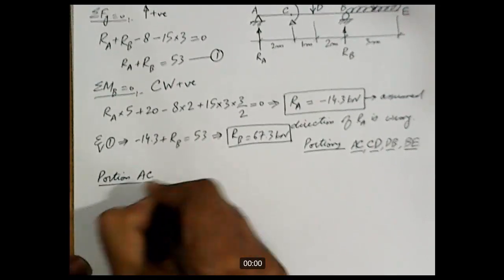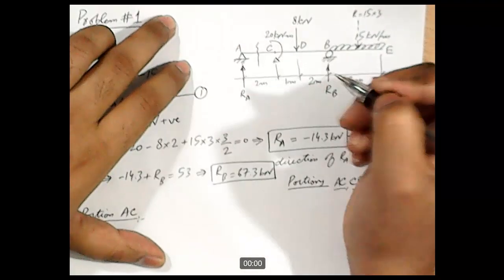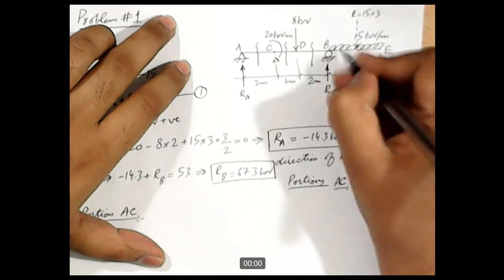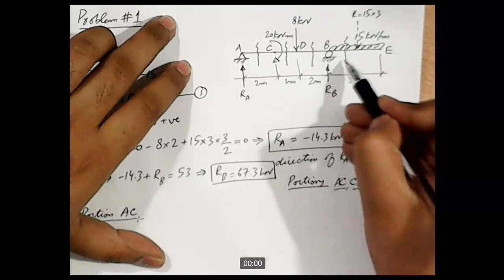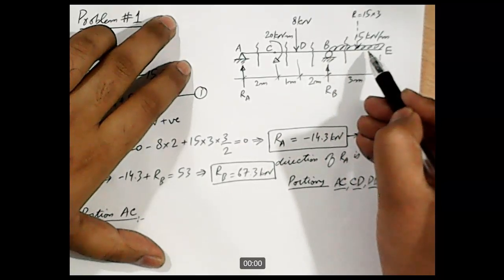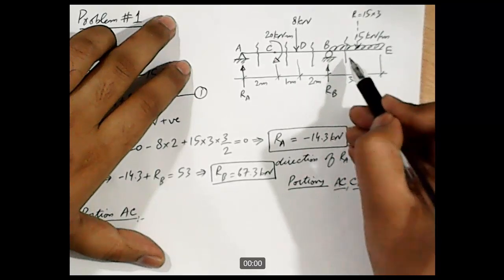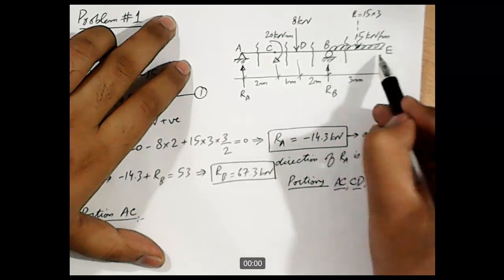If I mark the sections on the main beam, one section will be considered here in AC, one in the CD part, one in the DB part, and the fourth one will be considered here. Whether I mark the section here or on the other side of the resultant does not matter. When we write down the equation for this section, that equation will be valid for the entire portion BE.